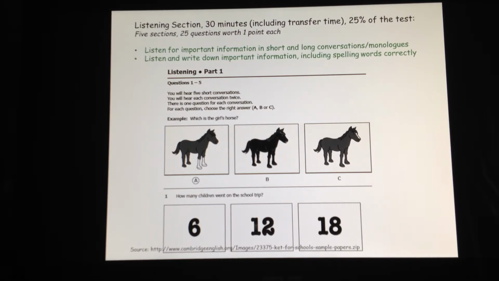Now look at the instructions for part 1. You will hear 5 short conversations. You will hear each conversation twice. There is 1 question for each conversation. For each question, choose the right answer, A, B, or C.